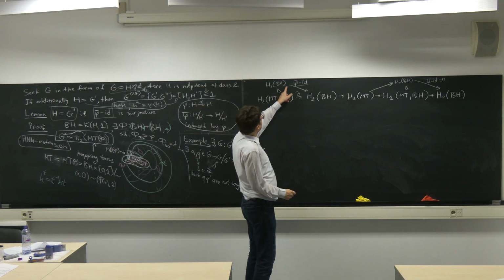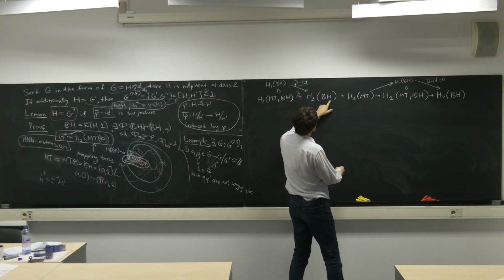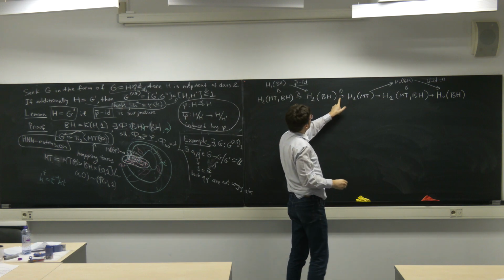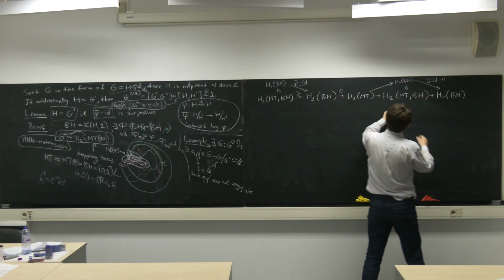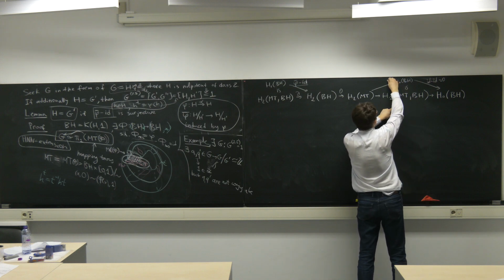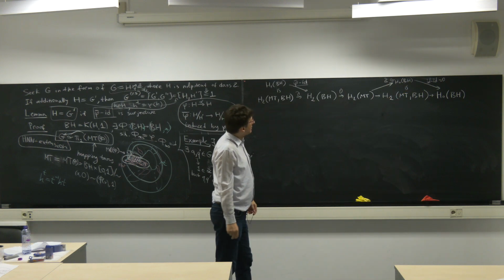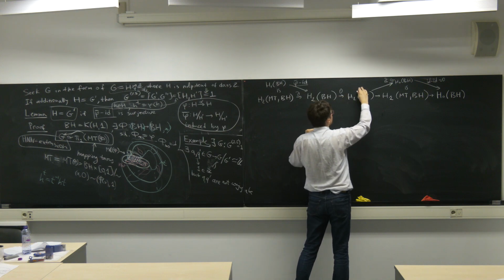Now, if this homomorphism is surjective, then this has to go to 0. This will be the 0 map. This is also the 0 map. And this group is Z, because BH is connected. So we get that this is Z as well.